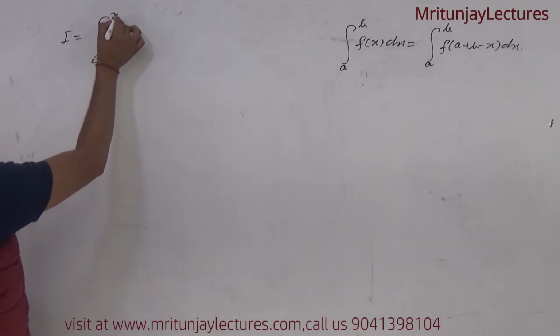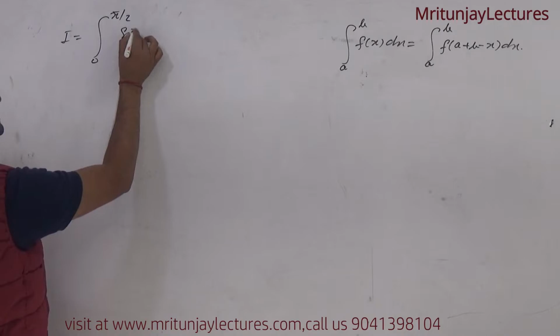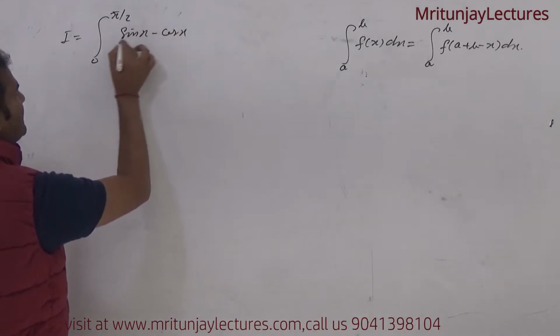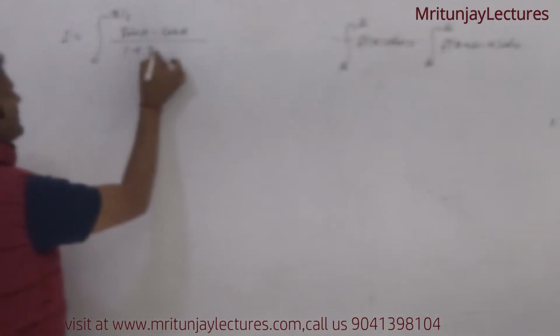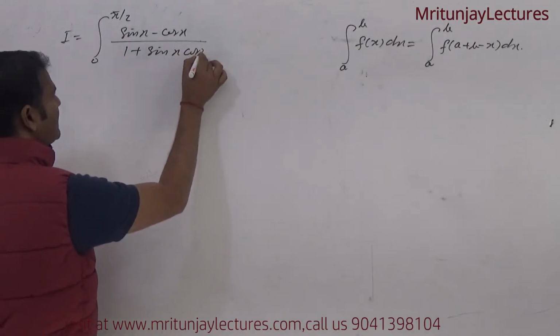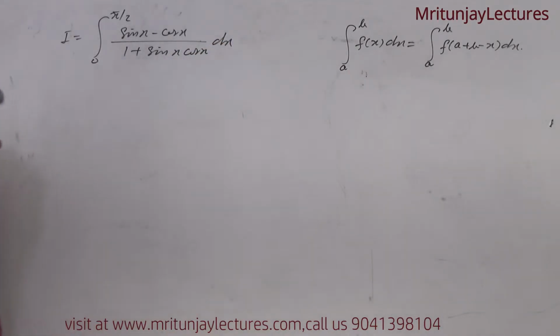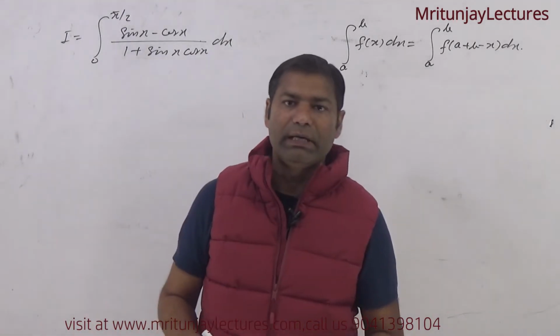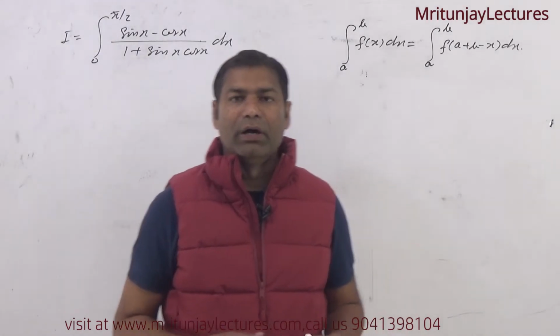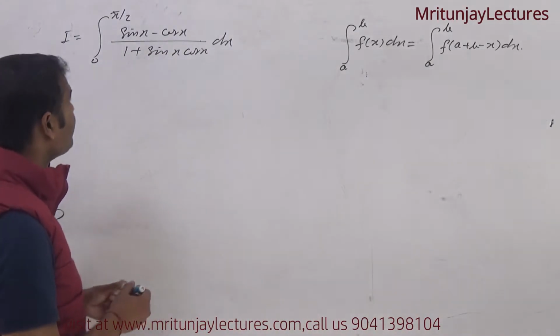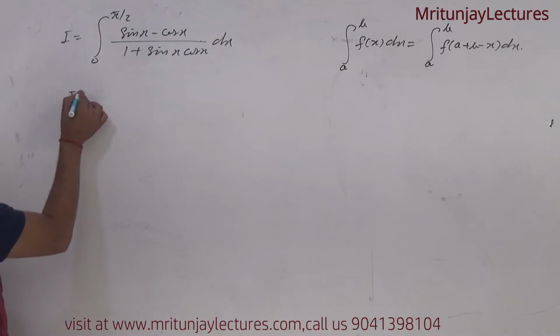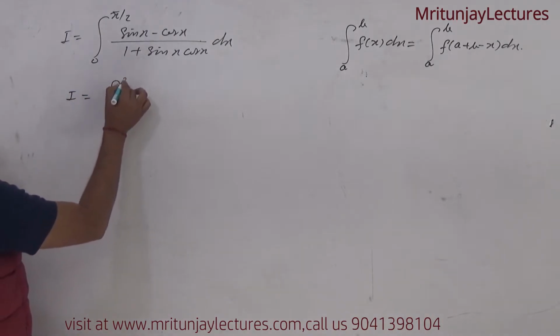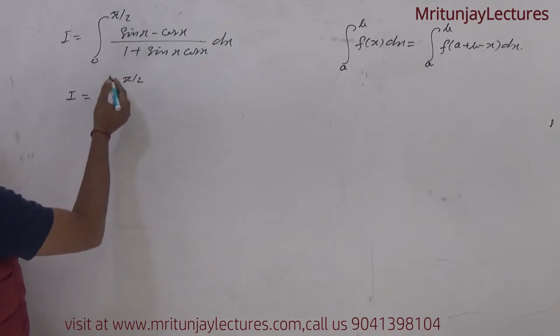Now I will be equal to the integral from 0 to pi by 2 of (sin x minus cos x) divided by (1 plus sin x cos x) dx. Our motto is to determine I. How can we discuss? I know that I will be equal to the integral from 0 to pi by 2.